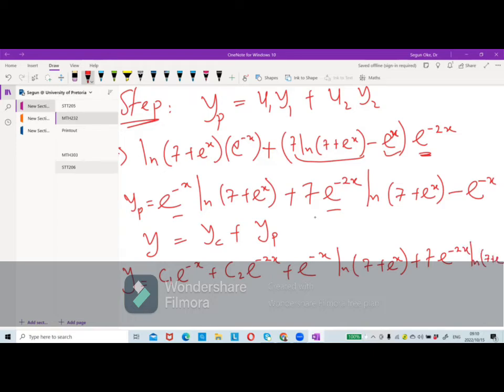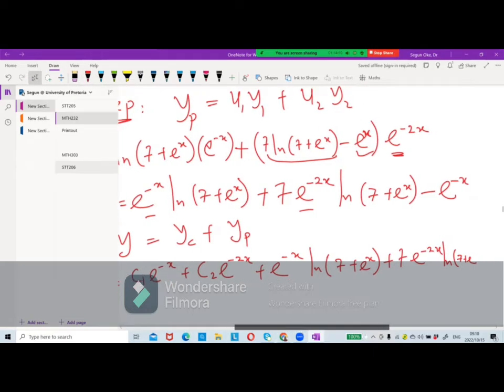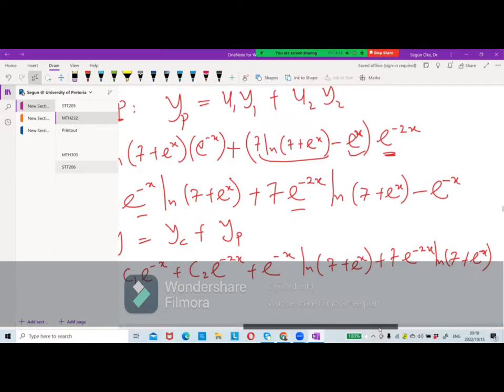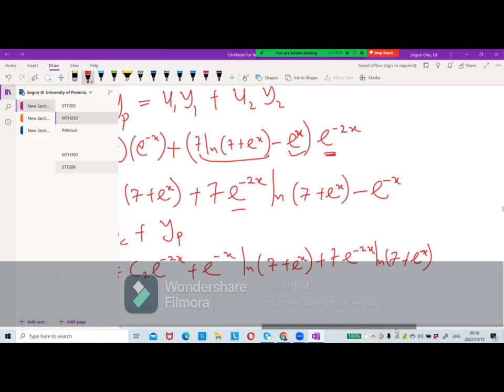Ln 7 plus exponential x minus exponential minus x.